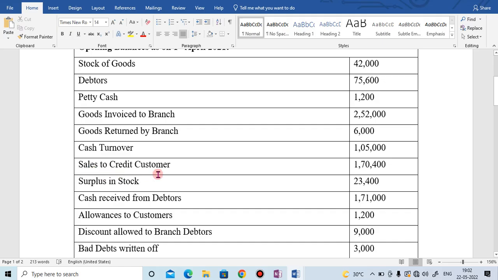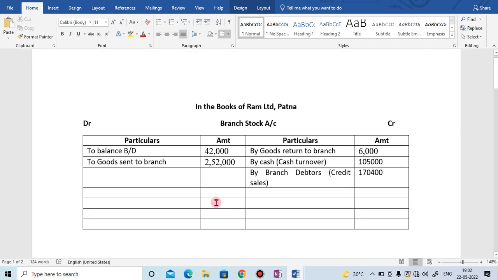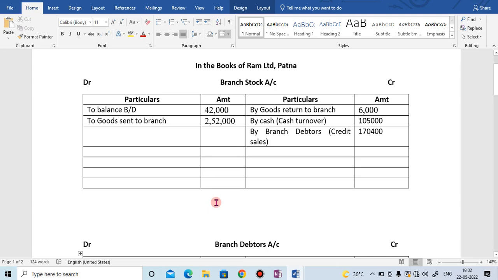Next, after sales to credit customer, next entry is surplus in stock, that is 23,400. It will come in branch stock account, one effect, and second effect will come in branch adjustment account.